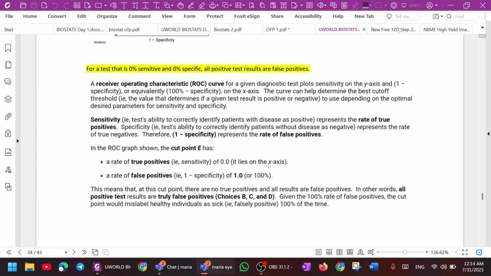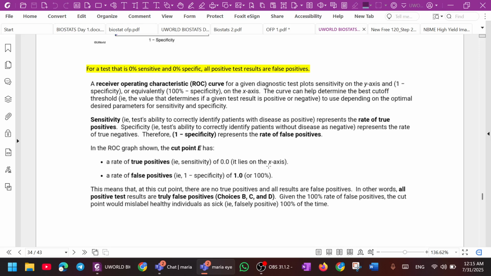So if the point is right here, then the specificity is low. Wait, is it low? Here the specificity is 0, isn't it? Yes, because the false positives will be high, so the specificity will be low. So as we go this way, the specificity gets higher.